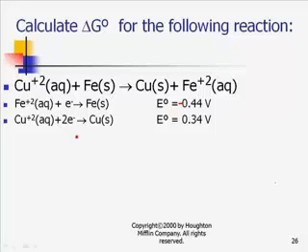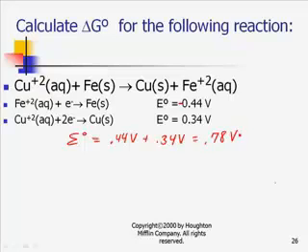So my E naught for this is going to be, since the iron will be oxidized, its sign is flipped. So 0.44 volts plus 0.34 volts for the copper, so 0.78 volts here. So my delta G is going to be, the n will be 2 when I multiply through to get the number of electrons the same. 2 electrons will be what was transferred.